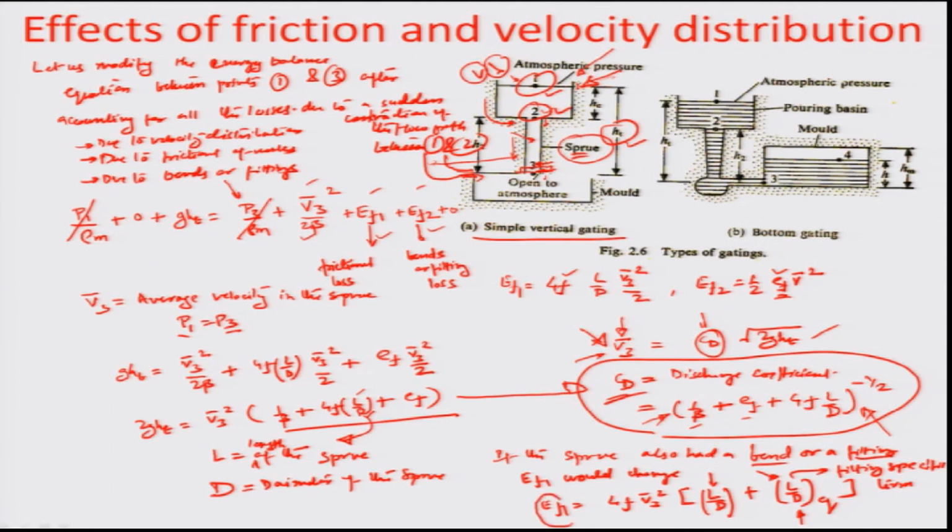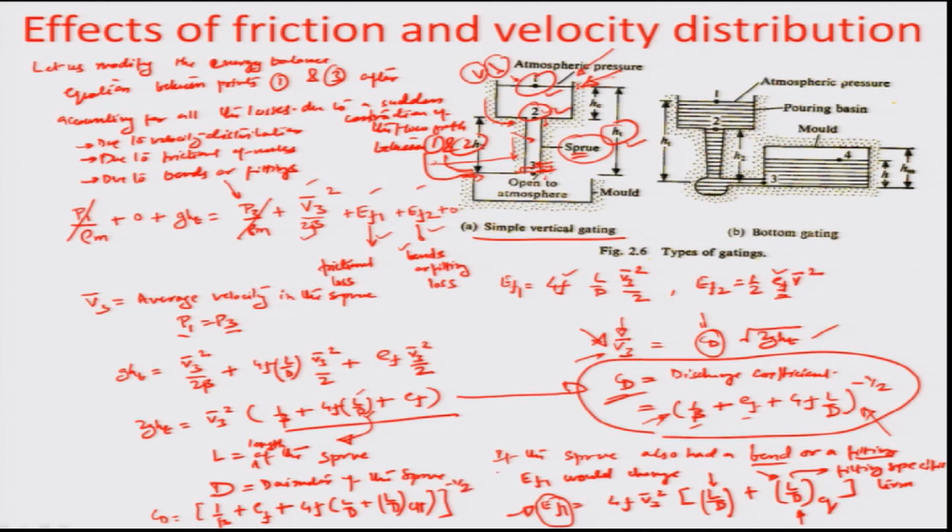So this would definitely contribute to an increase in the total friction loss, and thus the whole equation now of the C_d would be written down as C_d equals 1 by beta, as I had illustrated earlier, plus the small e_f, which is the loss because of the bending or the fitting, and then there is a frictional loss imparted by the bending or the fitting, which would be actually 4f times of the L by D wall friction effect plus the L by D equivalent loss due to friction at the bend or fitting, all to the power of minus half.